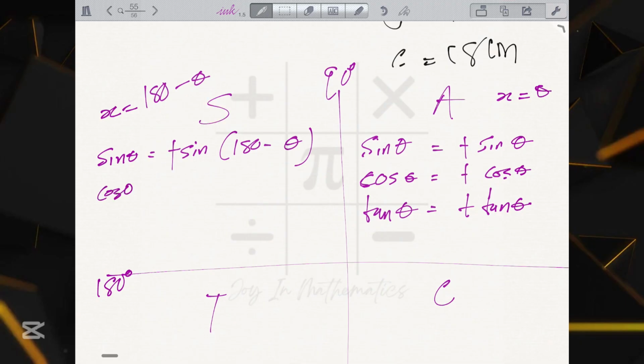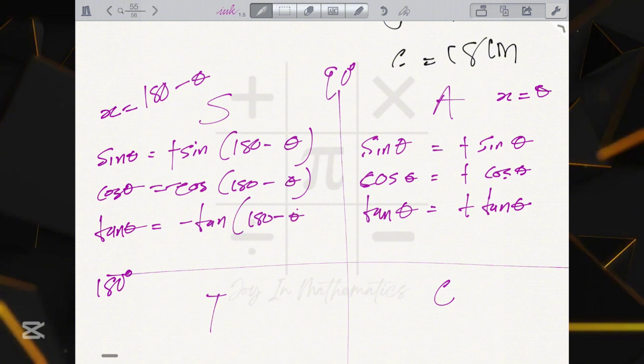Also cos theta is equal to negative cos of 180 minus theta, since only sine is positive. And finally, we will have negative tan of 180 minus theta. This is for angles between 90 degrees and 180 degrees.